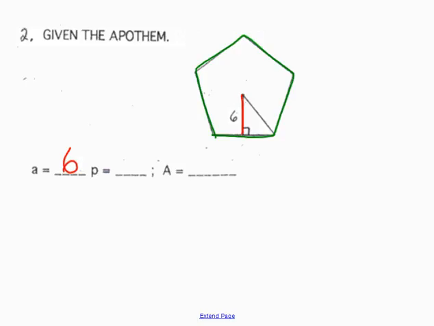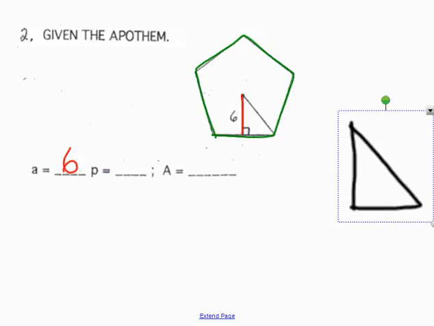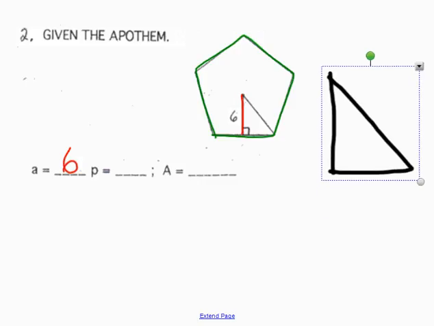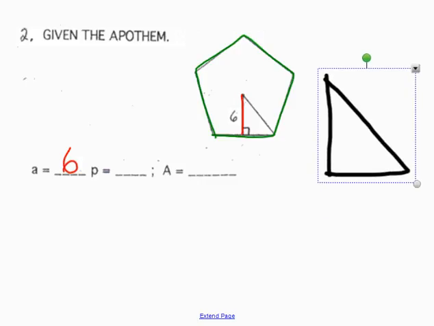So what I'm going to do is I'm going to take this triangle out of here. I'm going to make it bigger. And I'm going to put the stuff on it that I know.